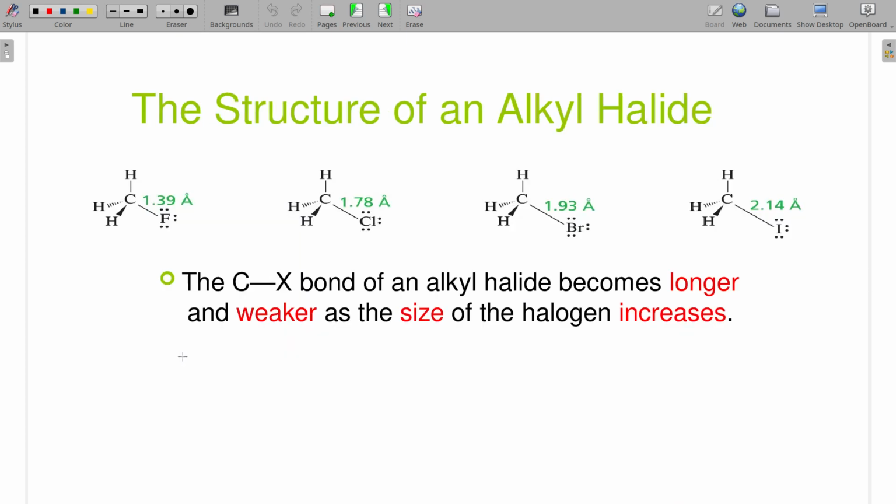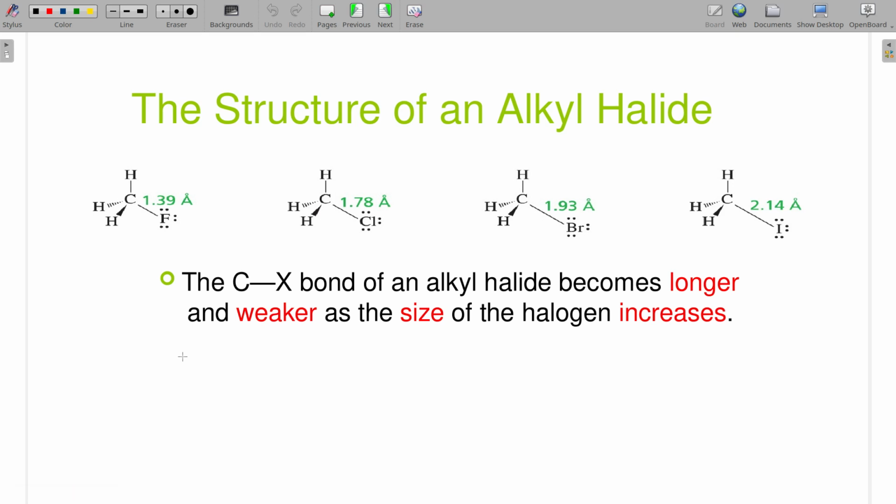All right. Let's go on to some of the physical structures now. So physical structures, more of the ideas how these things are put together, bond lengths and whatnot, and also bond angles. All right, so an alkyl halide, for instance, we're going to have longer and shorter bonds based on fluorine and iodine, the physical sizes of them. The smaller fluorine is going to get much closer to the carbon than the iodine is.